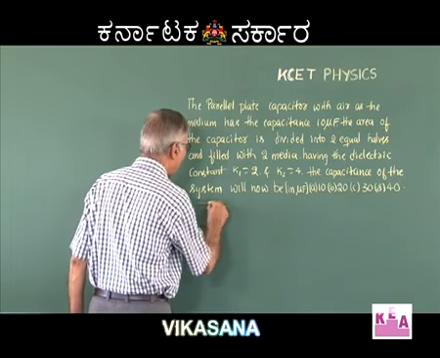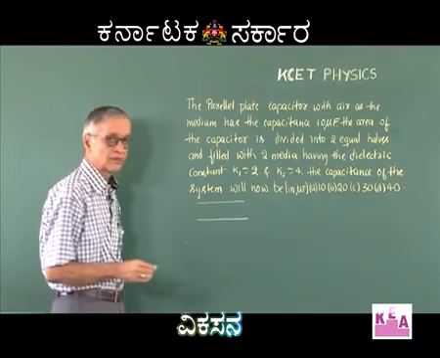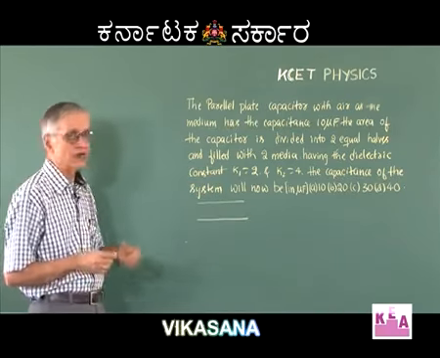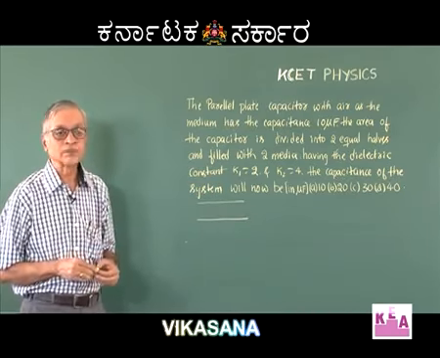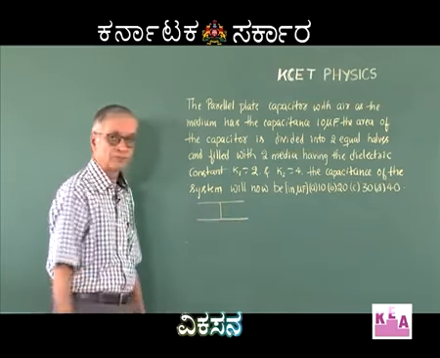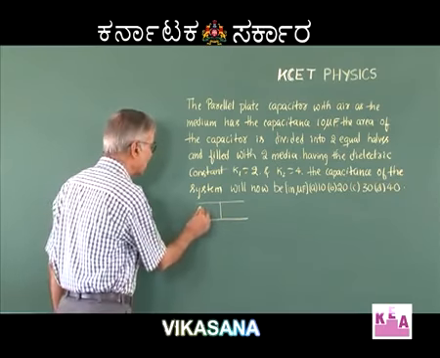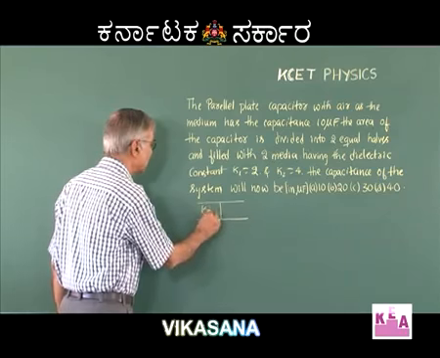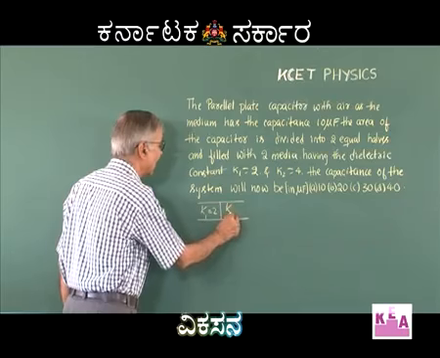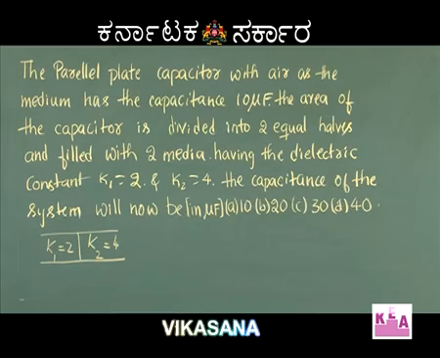Consider a parallel plate capacitor with air as the dielectric. He says the capacitance of this capacitor is 10 microfarad. Suppose it is divided into two halves, with one half filled with a dielectric medium of dielectric constant equal to 2 and the other filled with a dielectric medium of dielectric constant equal to 4.